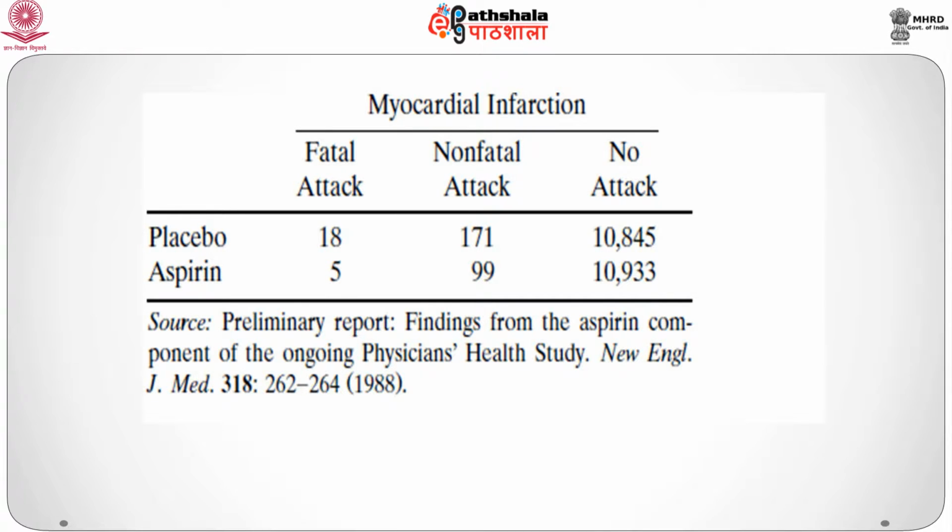Now this is not per se a 2x2 table, it is in fact a 2x3 table, as myocardial infarction has 3 categories. But to begin with, I am going to reclassify the data as fatal attack and non-fatal or no attack, and thus get a 2x2 table. This data arises from the ongoing physician study and has been well studied by Agresti and others.